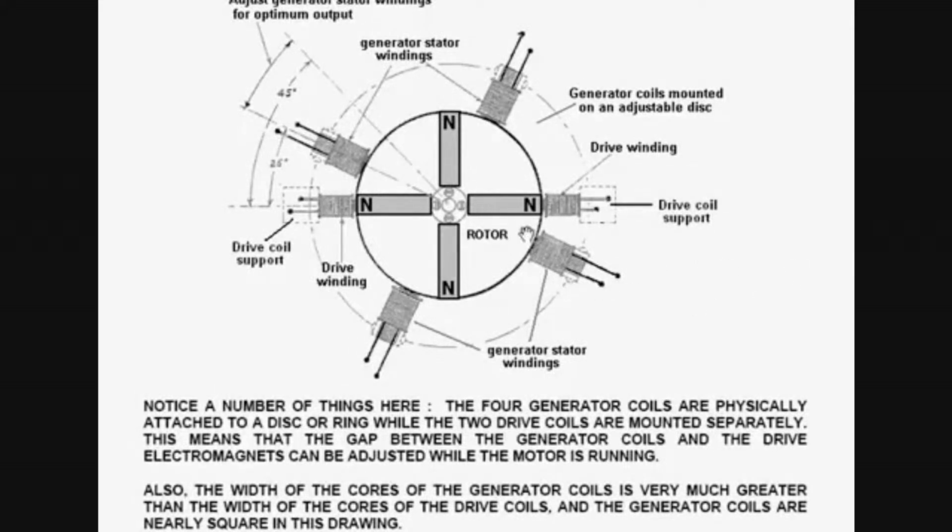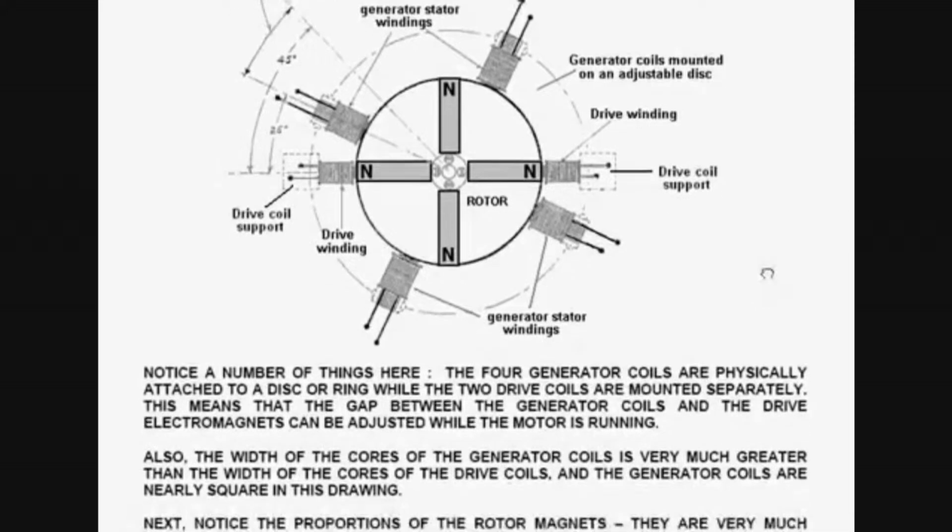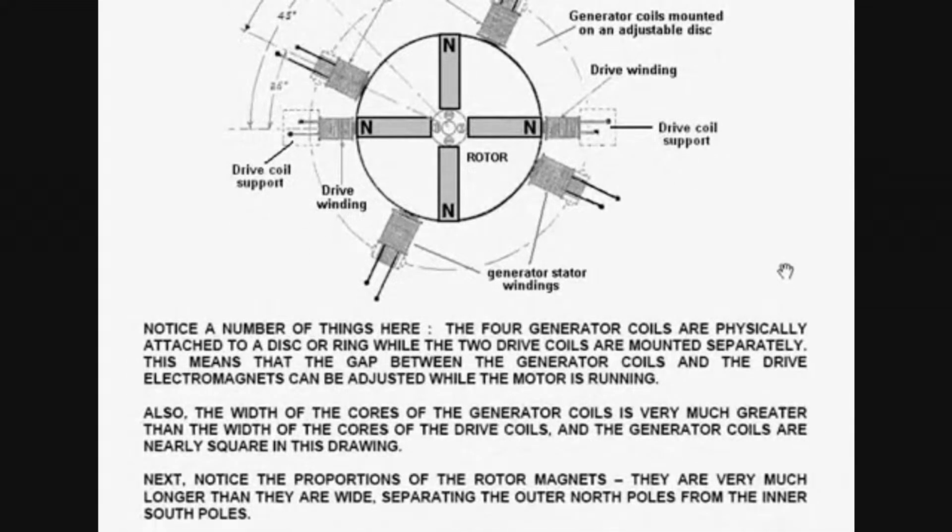Also, you'll notice that the width of the core of the collector or generator coils is very much greater than the width of the core of the so-called drive coils. The generator coils in his drawing are very nearly square.